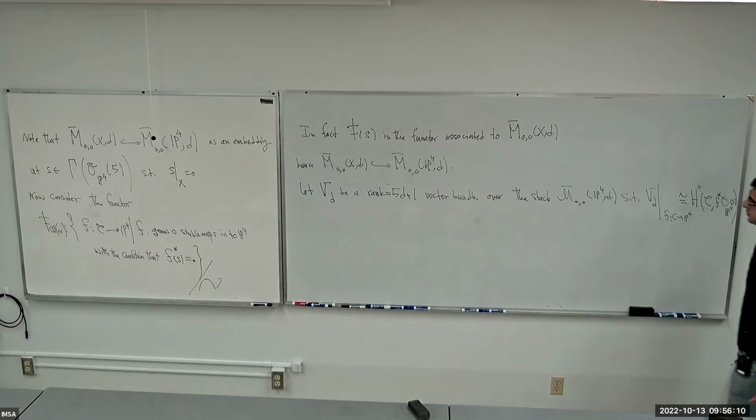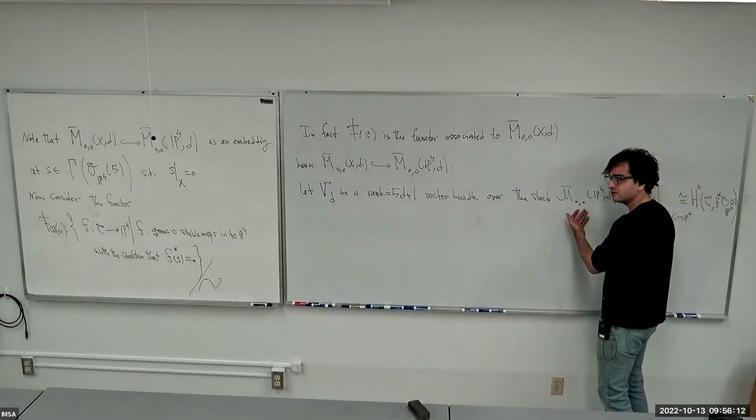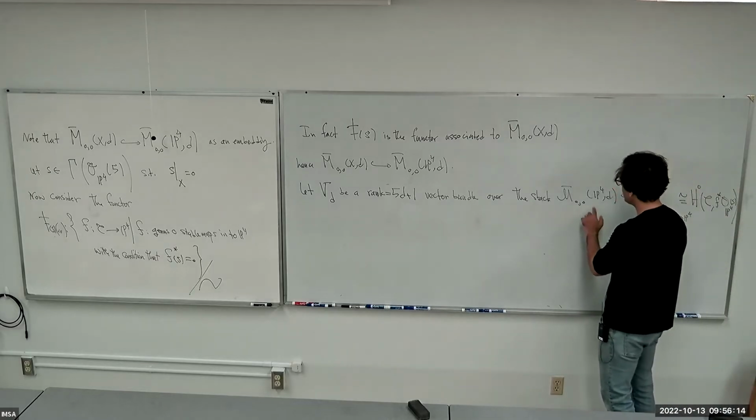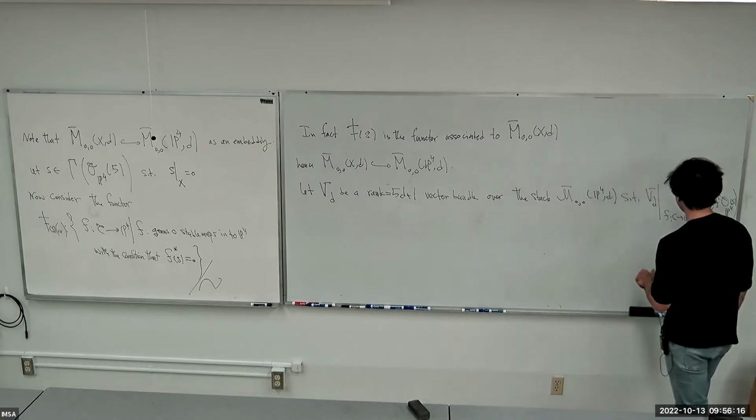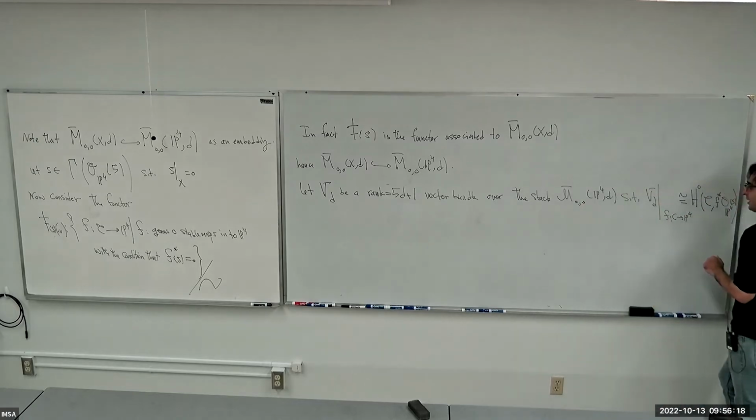So I'm constructing, over this stack that parameterizes genus 0 stable maps with no markings to P4, a vector bundle. And this vector bundle, its fiber over every point of the moduli space, is given by a vector space. And the vector space is the space of sections of the pullback of this line bundle to C. Okay?